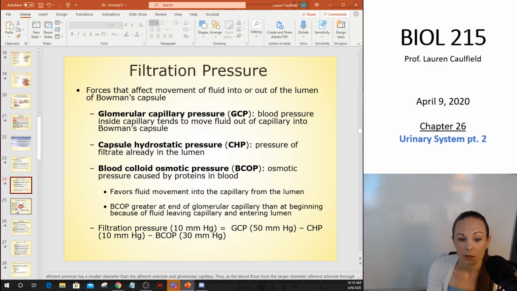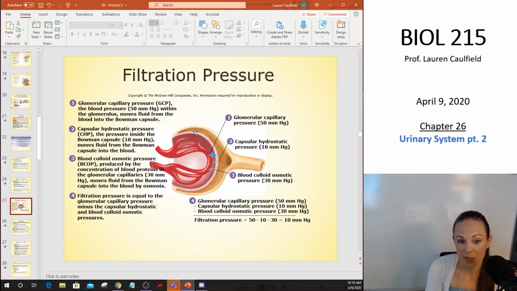Okay, so here we see a pictorial representation of this. So that big blue arrow right here is our glomerular capillary pressure. Okay, it's a big arrow because it is a large pressure, and that is forcing fluid out from the glomerular capillary bed into our Bowman's capsule.